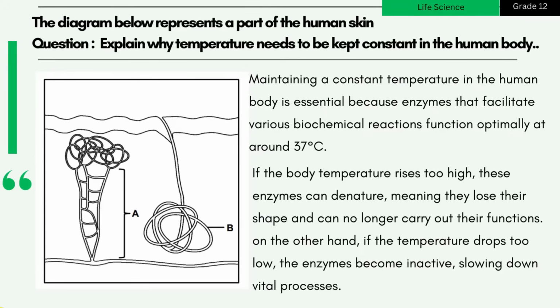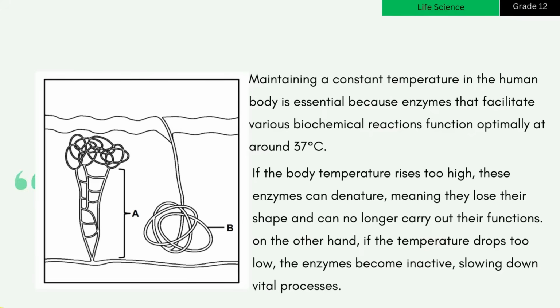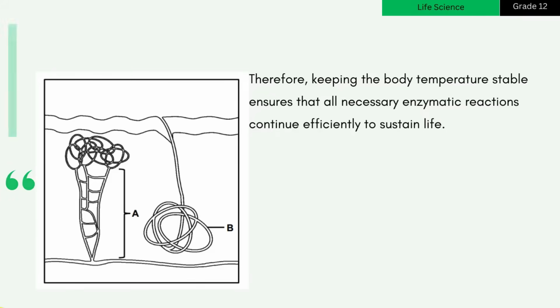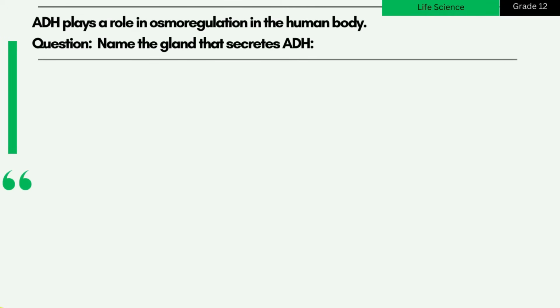On the other hand, if the temperature drops too low, the enzymes become inactive, slowing down vital processes. Therefore, keeping the body temperature stable ensures that all necessary enzymatic reactions continue efficiently to sustain life. Question. ADH plays a role in osmoregulation in the human body. Name the gland that secretes ADH.